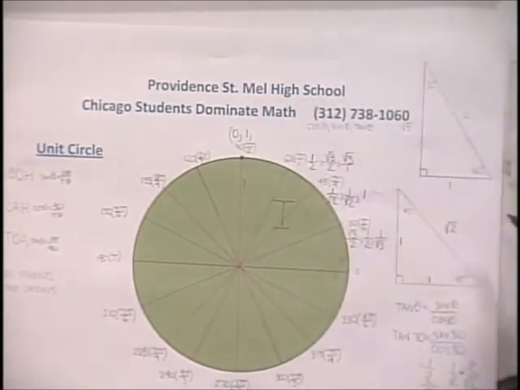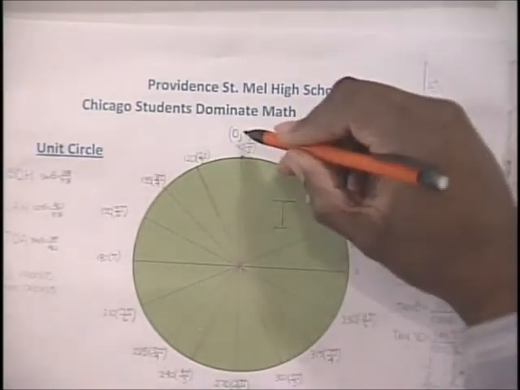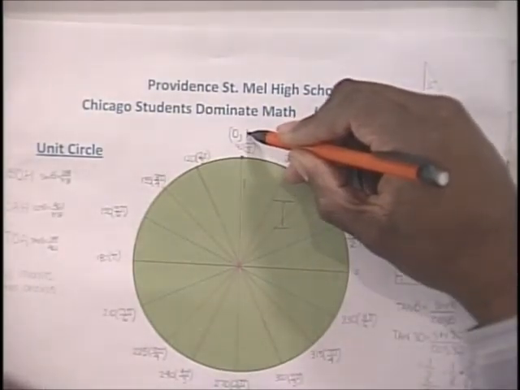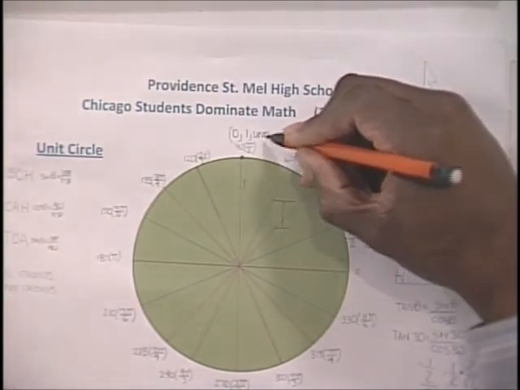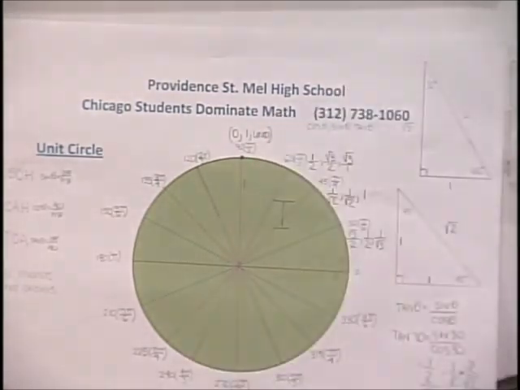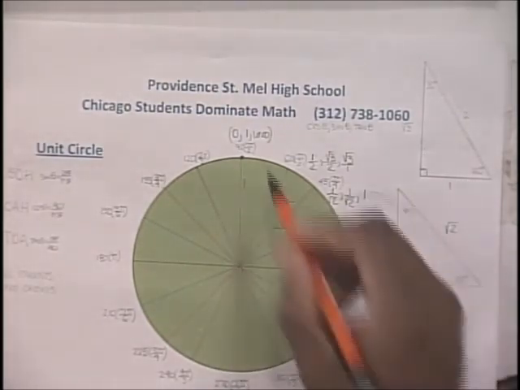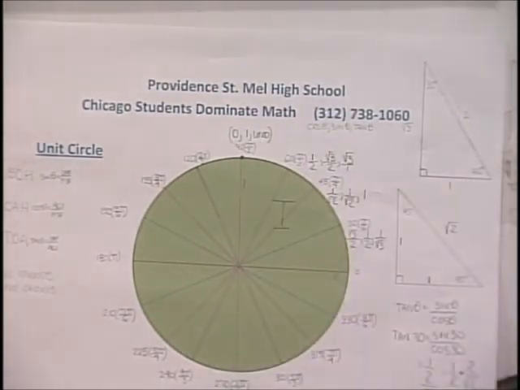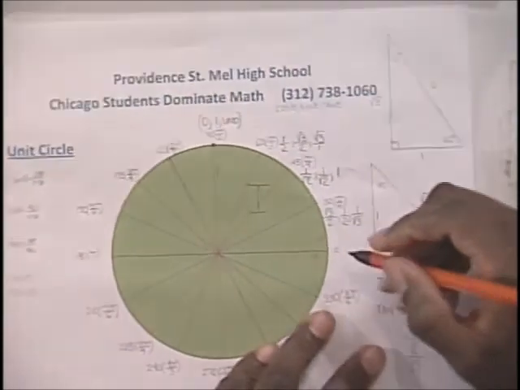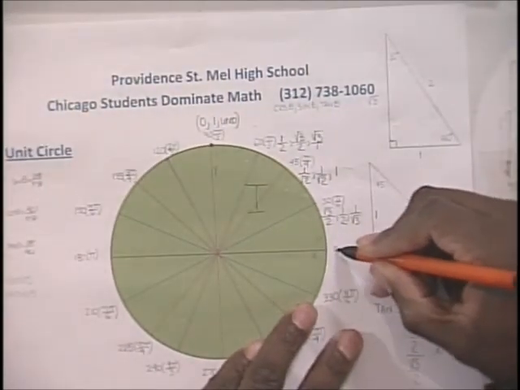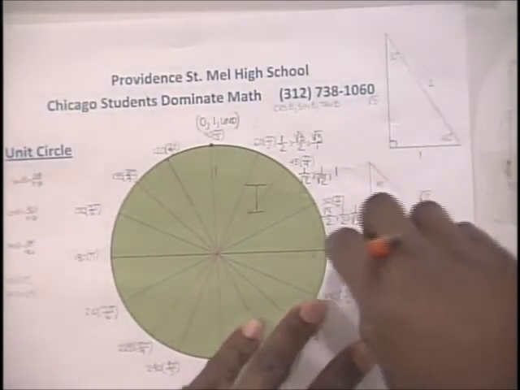And the tangent of 90 would be the sine of 90 divided by the cosine of 90, which would be undefined. You would get 1 divided by 0, which is undefined. The tangent of 90 is undefined. You could also get the tangent of 90 from the tangent graph, but we won't discuss that for this show.